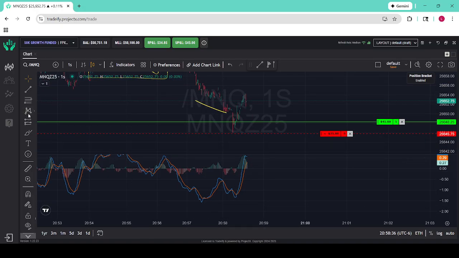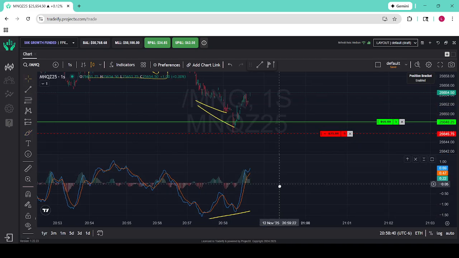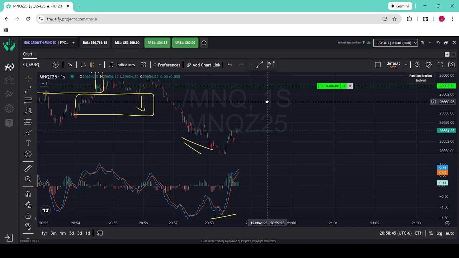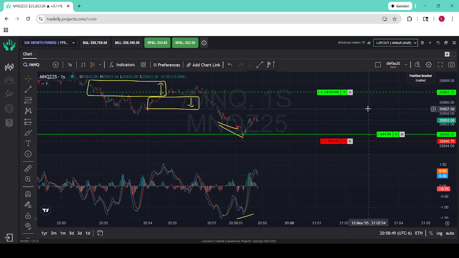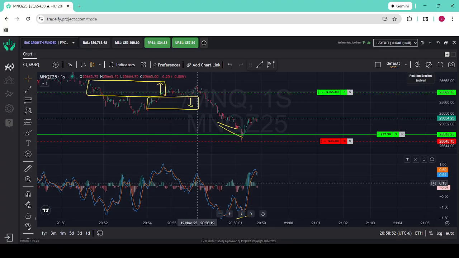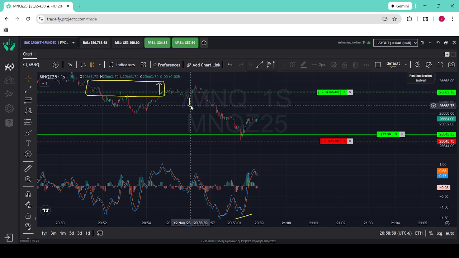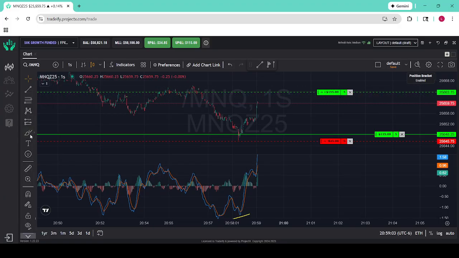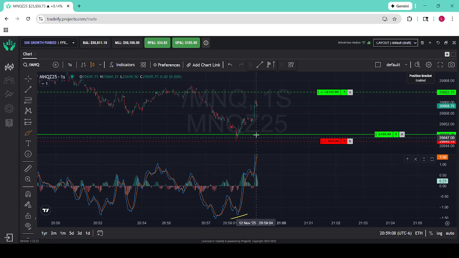Huge sweep and divergence. Massive divergence here. We beat this peak. It's all the way up here. So massive, massive divergence.